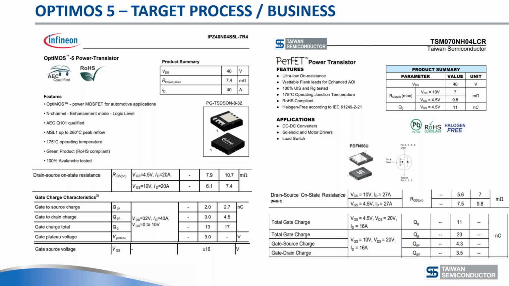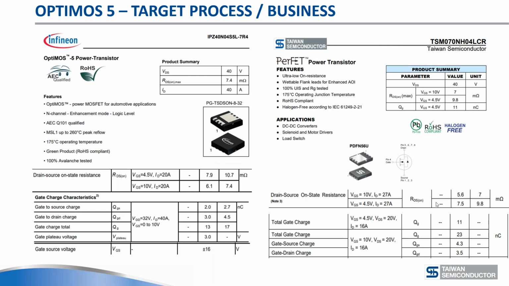So here we put them side by side. And so what is the designer going to do here? He is going to spend 1 minute and calculate his figure of merit. So we're looking here at a 10 volt logic level MOSFET. You're looking at a typical RDSON, or you can do the maximum RDSON, but I'm using the typical in this case, of 6.1, and you multiply that by QGD, which is 3.